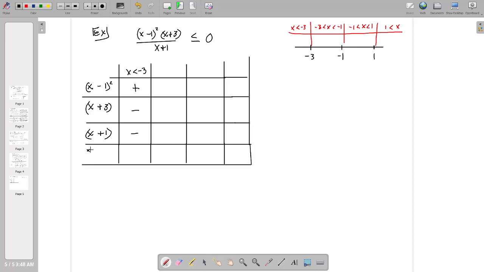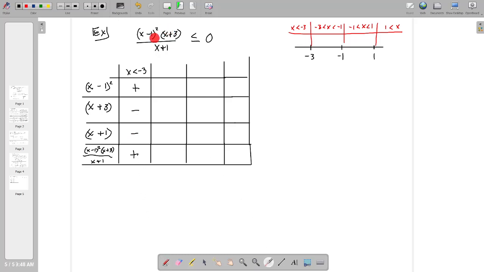And here, (x − 1) squared times (x + 3) divided by (x + 1). So this one is going to be a positive number times a negative number divided by a negative number. The positive times the negative gives us a negative number, and then a negative divided by a negative is positive. So this will be a positive value.